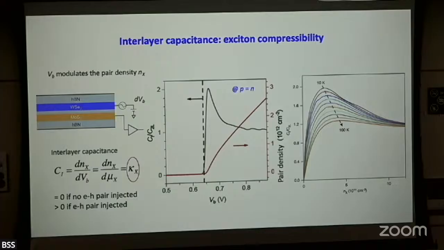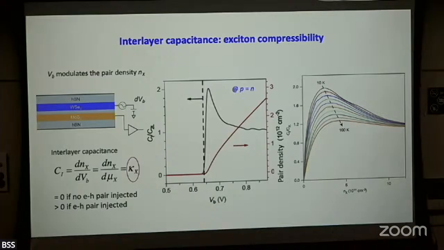Yeah, so if you think about compressibility of exciton, there is a low temperature limit and a high temperature limit. So I probably should have plotted this differently. Instead of as a function of density, I should plot it at a fixed density as a function of the temperature.